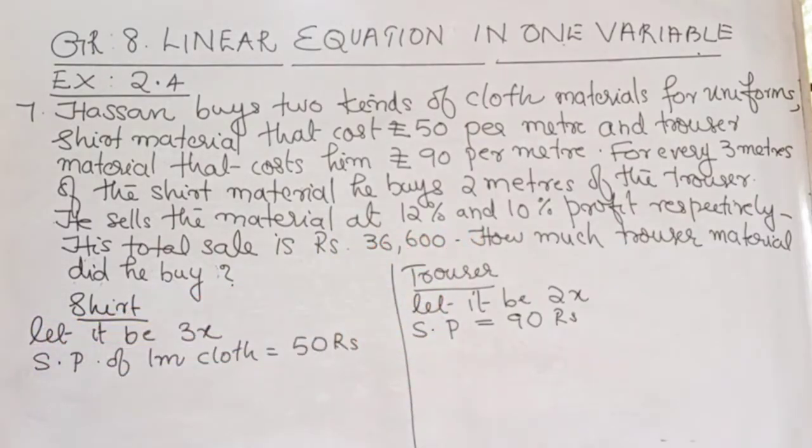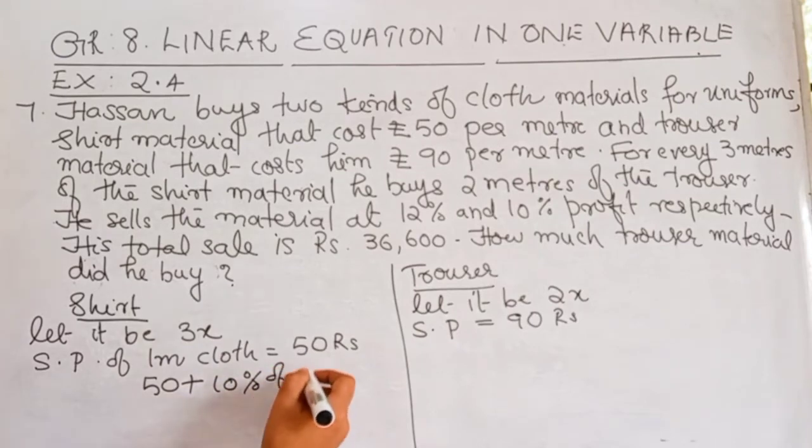So that is the given value here. So we can find the sales price of 1 meter of cloth. It will be equal to 50 plus 10% of 50, that is his profit.